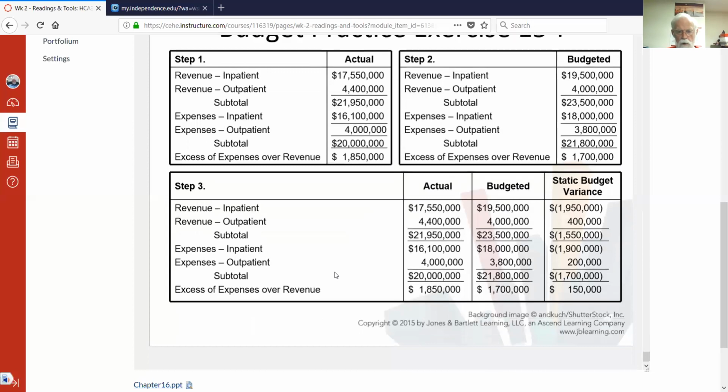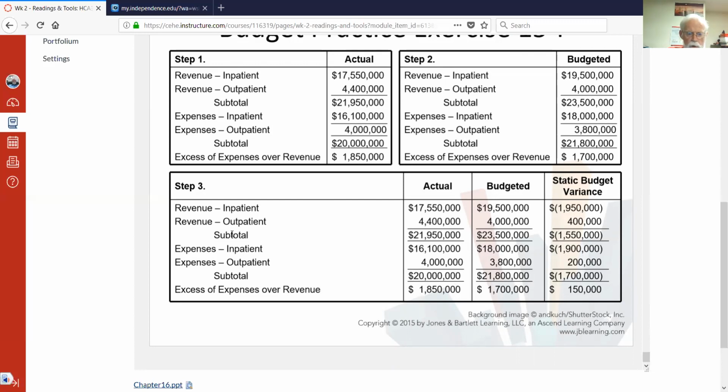But we look at totals. We like to look at the changes in expenses over revenues. So here we have the excess of expenses. Actual versus budget was higher by $150,000 in this example.